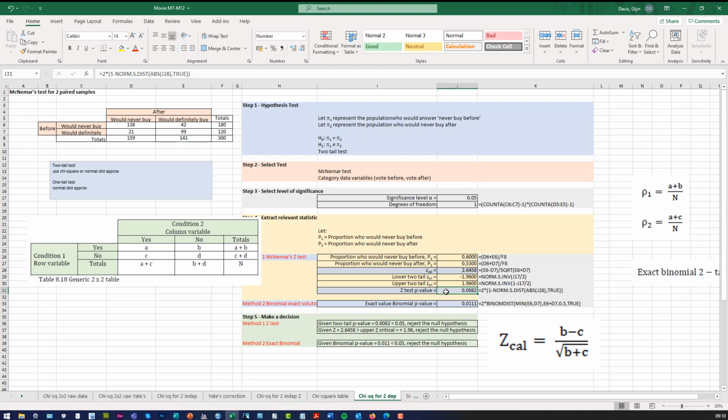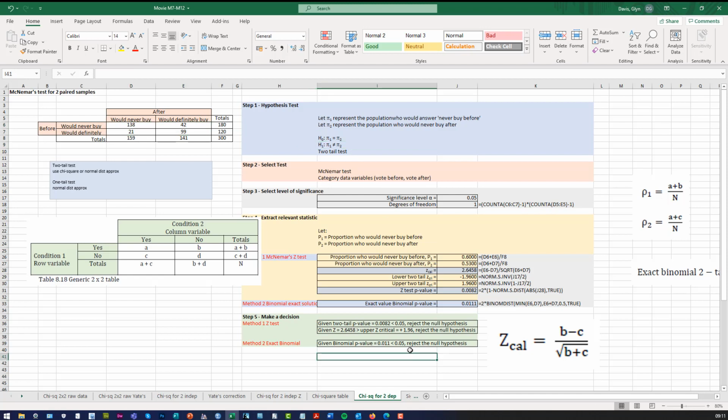If you calculate the two-tailed p-value for the Z test, it comes out to be 0.0082, and you can see that that value is smaller than the significance level, so therefore we would reject the null hypothesis and accept the alternative hypothesis. The evidence based upon the sample data suggests that the population proportion values are different.